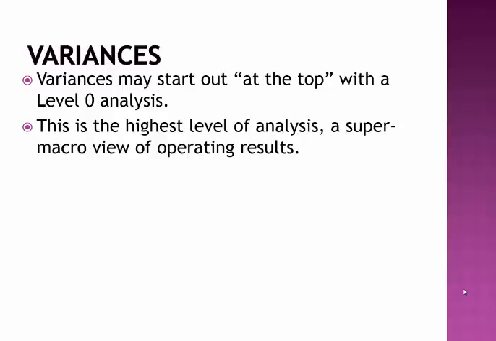Again, we do not wait till the end of the period. We're going to continually be checking our budget to date versus our actual results to date so that we can try to do a good job of managing our operations.